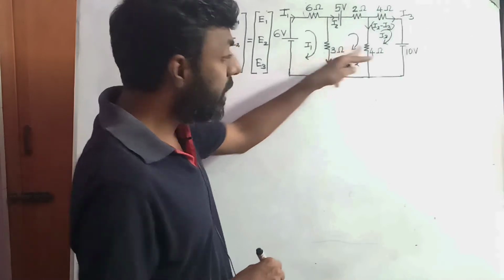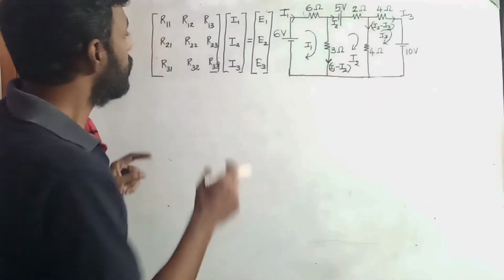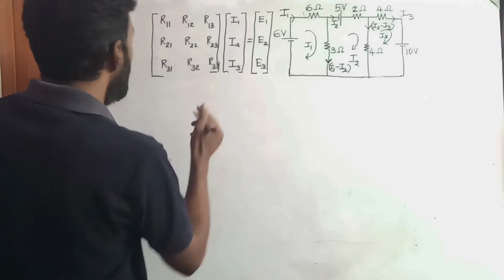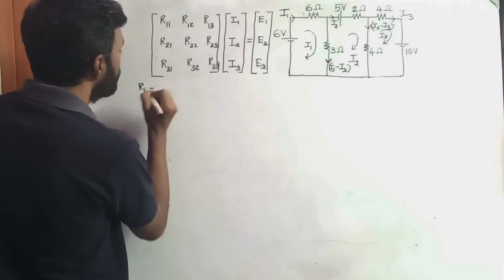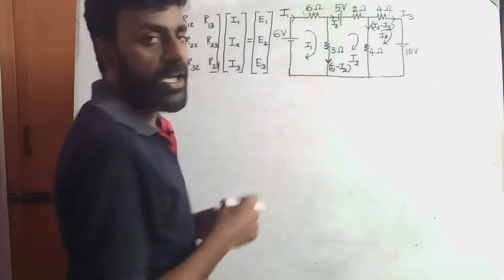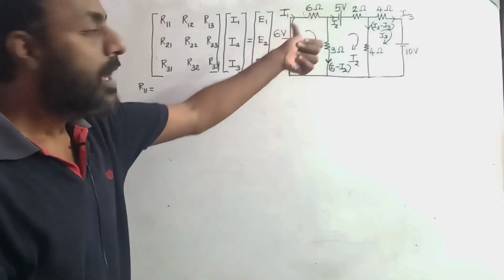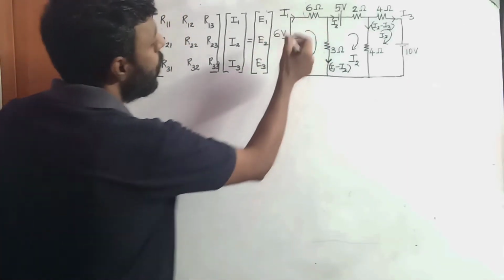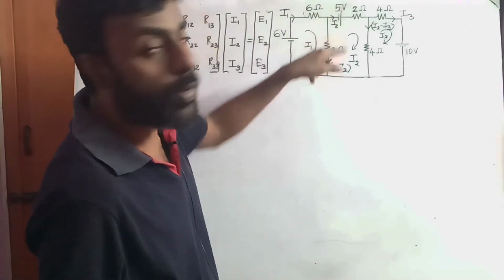See, we have 3 different compartments: compartment 1, compartment 2, and compartment 3. For R11, we look at how many resistors are in compartment 1. All the resistors in compartment 1 will be added over here. I have one resistor of 6 ohms and another 3 ohm resistor here.